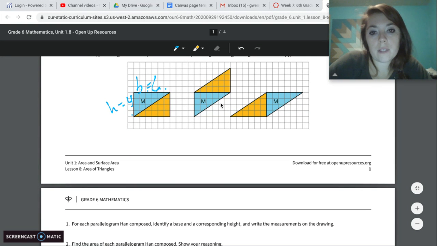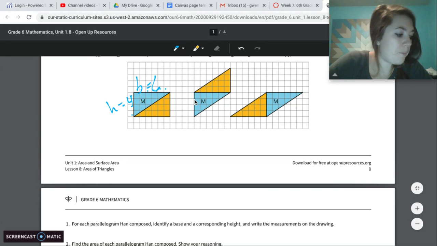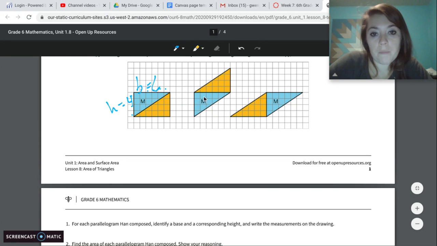Now, for this one, our base is going to be 1, 2, 3, 4. Because remember, it has to be parallel to our perpendicular. So on this one, we aren't given the different options for which could have that perpendicular height.